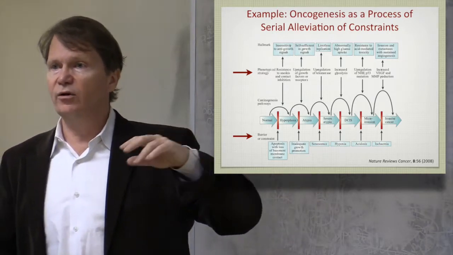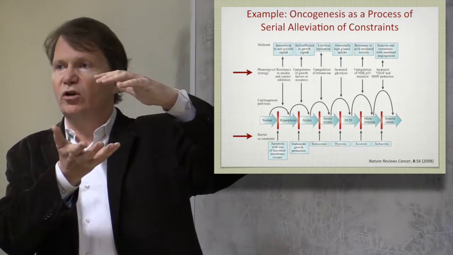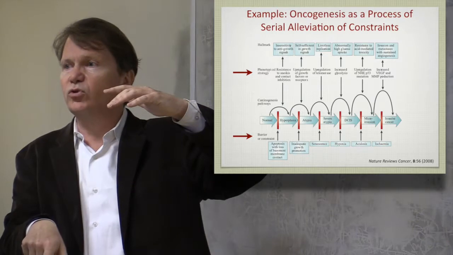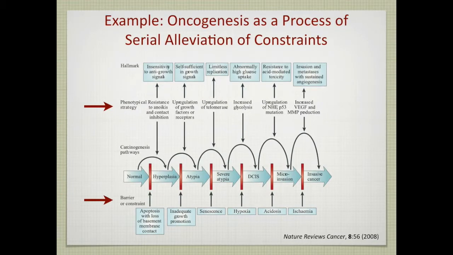So think about that pentagon. You have all these constraints to get the physiological function you want. If any of these constraints are lost, you can wander into other portions of that solution space and take on different phenotypic states. And what this diagram shows is how that process is now subdivided into 7 distinct steps.